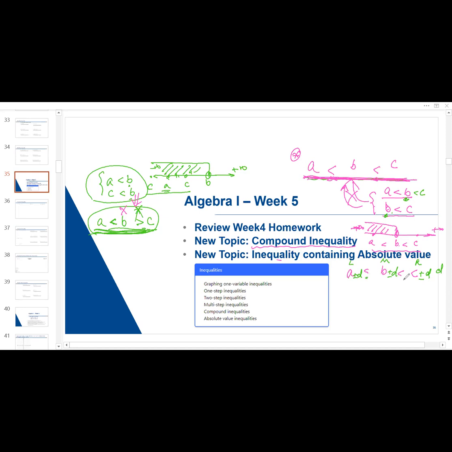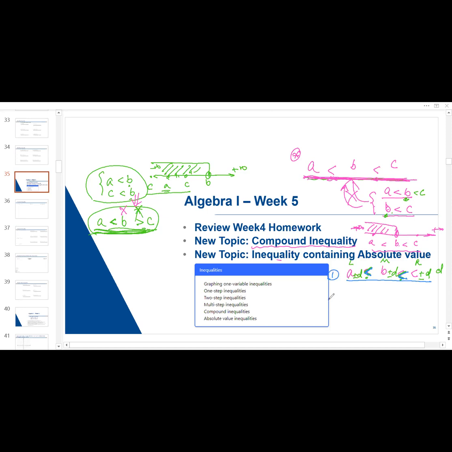The inequality sign does not change. Both of them, all three, add or minus the same number, and the inequality sign does not change. This property is exactly the same as for the inequality.